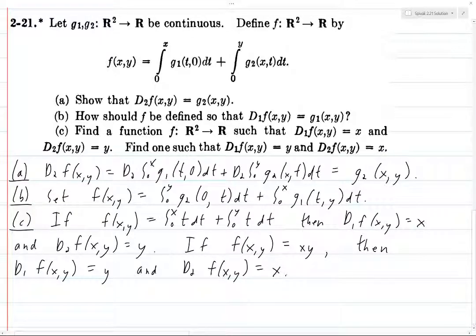I think if there was some way to combine or use all three of these parts in a way that relates them all, then it could have been phrased in a way that leads you to that better. Or maybe it is phrased in a way that leads you to that, and I'm just not seeing it for whatever reason. But in any case, this is all that you need to do for this exercise, and so we are done.